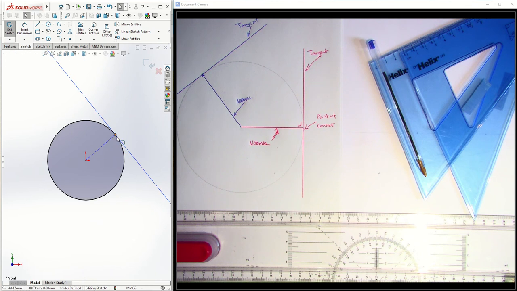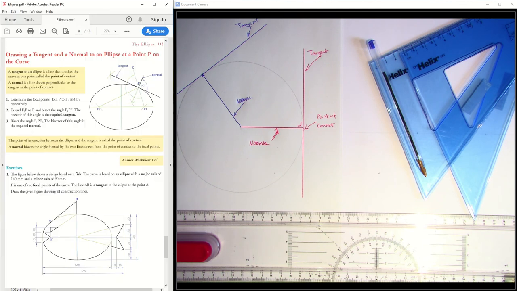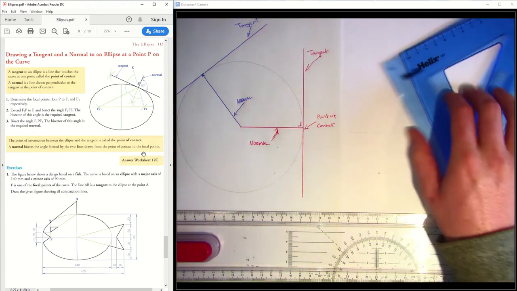If I leave it here, the normal is still at 90 degrees to the tangent. If I bring it down to the bottom, it's at 90 degrees to the tangent, and the same principle applies the whole way around. So now we know that a tangent is a line that touches the curve at one point only. So how do we bring this into principle with our ellipses?